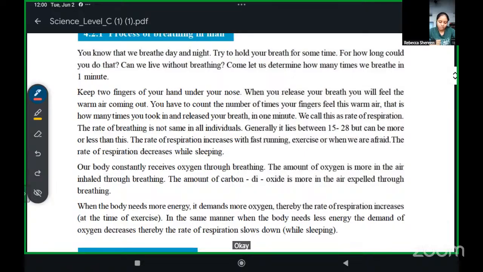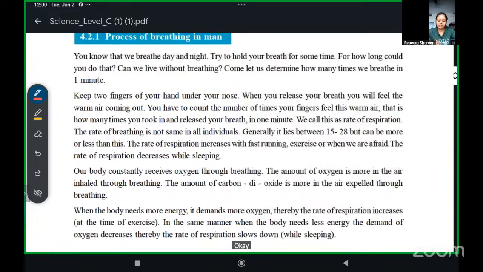Keep two fingers of your hand under your nose. When you release your breath, you will feel the warm air coming out. You have to count the number of times your fingers feel this warm air. That is how many times you took in and released your breath in 1 minute.